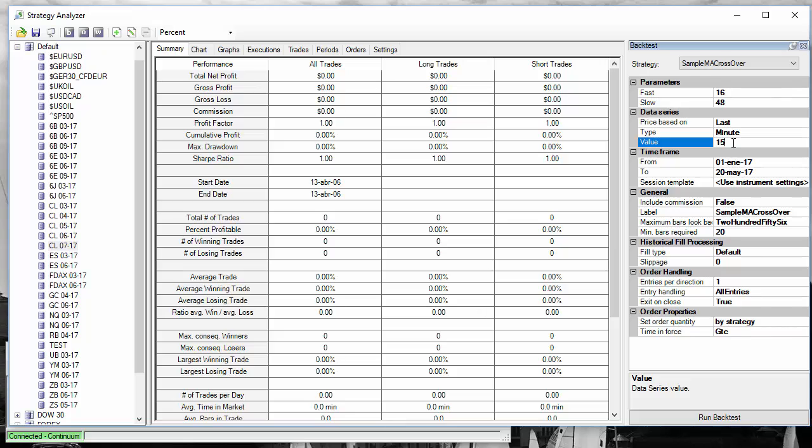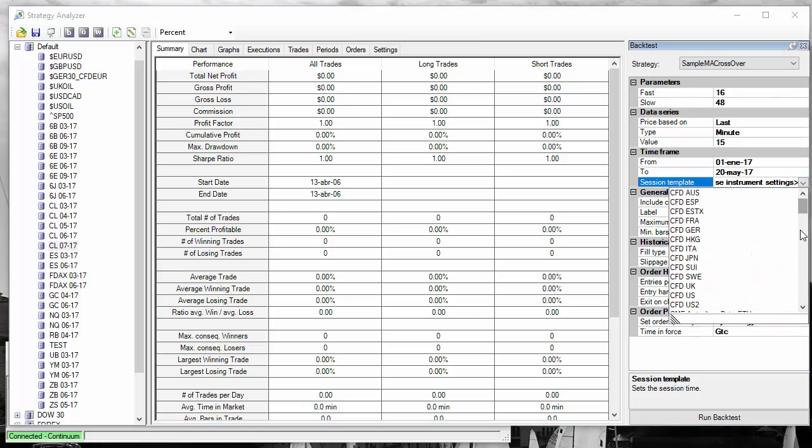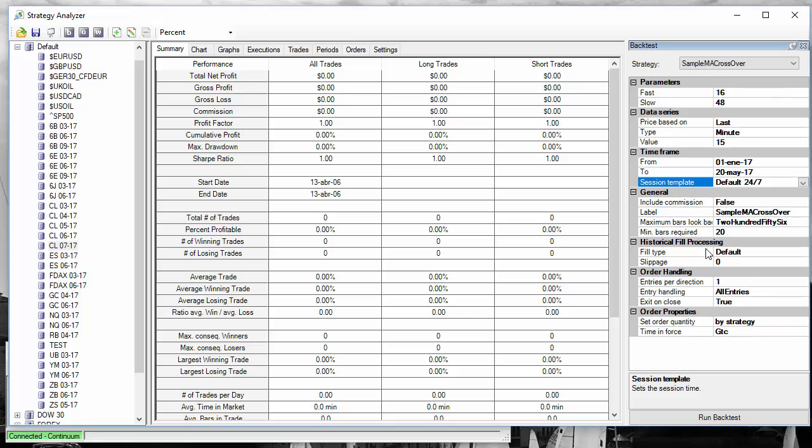Testing from start of year and with the default 24/7 session template, which includes Sundays. And that's all that we can set on the input parameters of the strategy. We can also select that the positions are not closed at end of session.